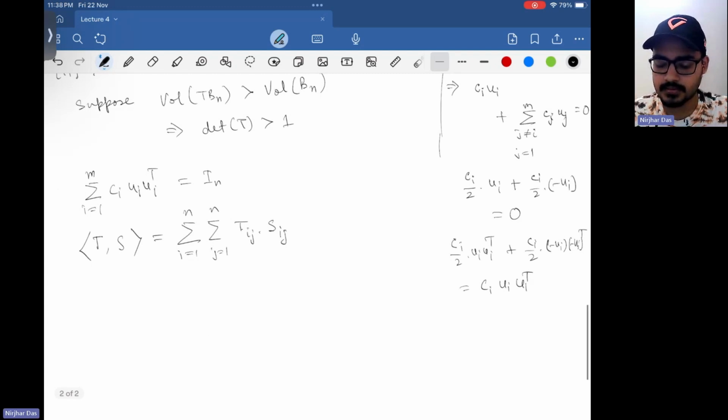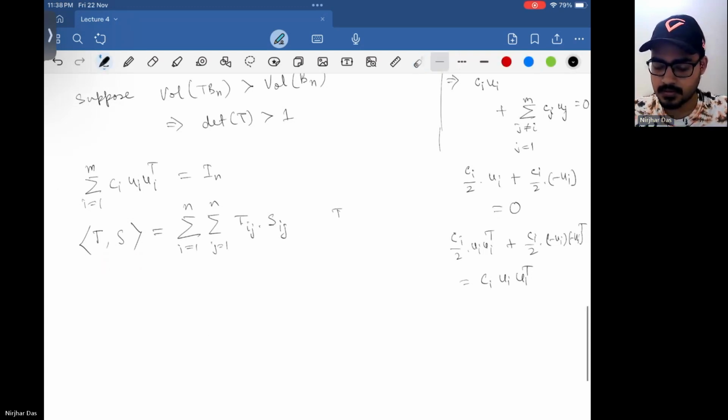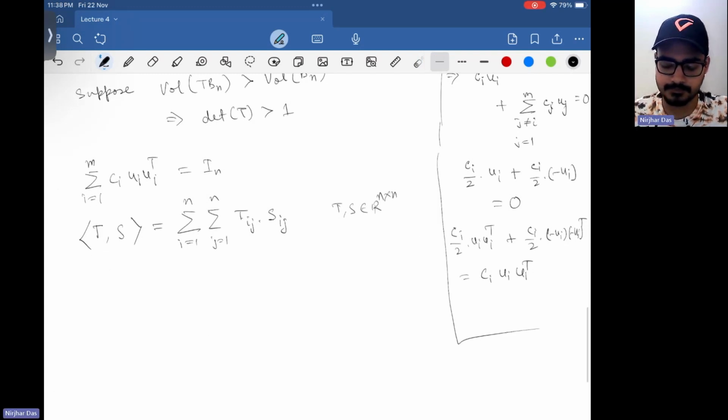And these are the individual entries of the matrices T and S. So here T and S belong to R n cross n. So we will use this notation, right?